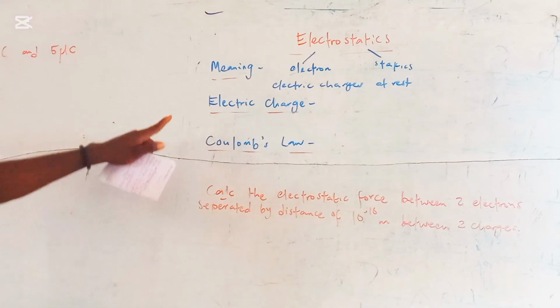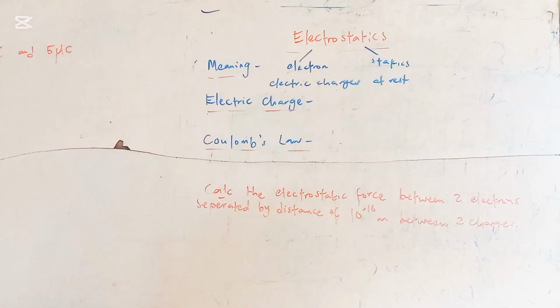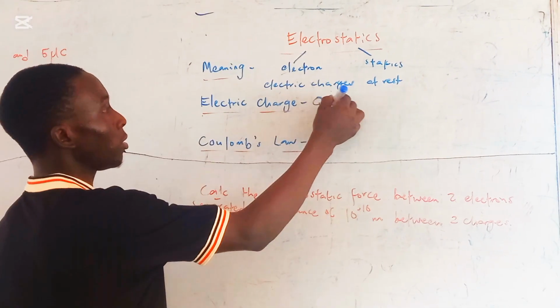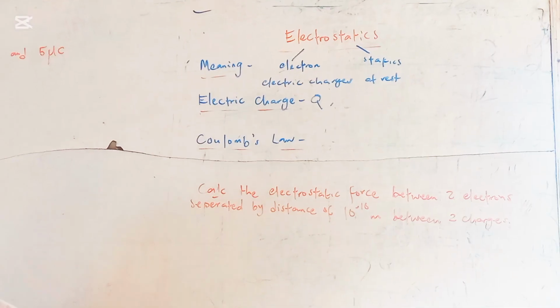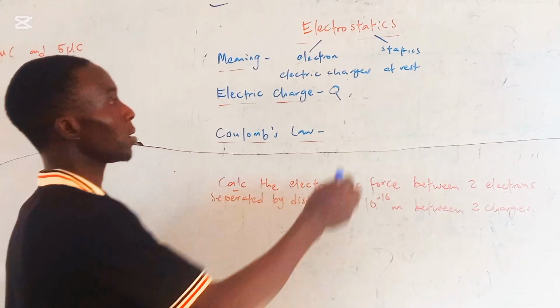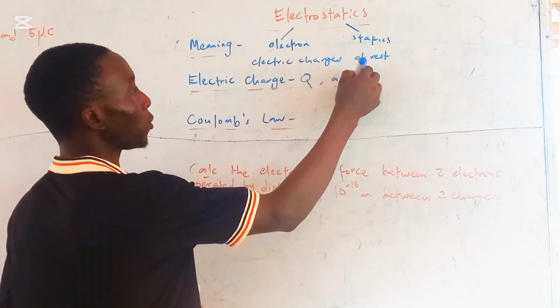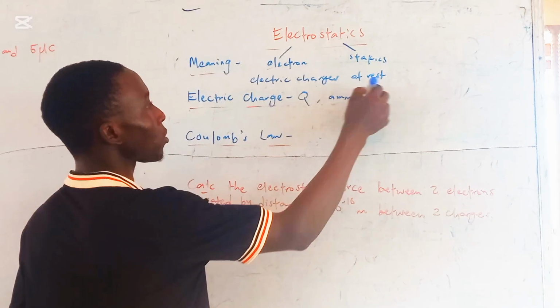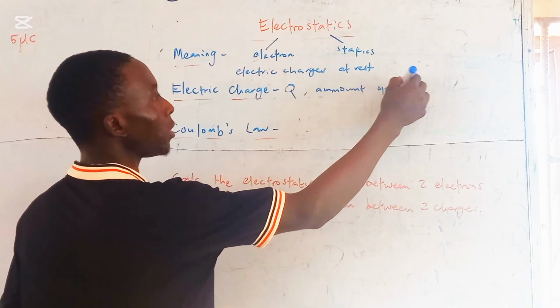Now, talking about the electric charge, it's always denoted by Q. And what's electric charge? Electric charge is simply defined as the amount of electricity. So that is the simplest definition for that.